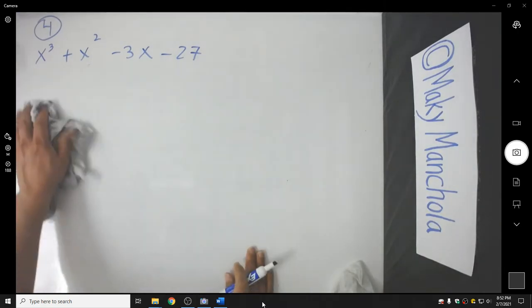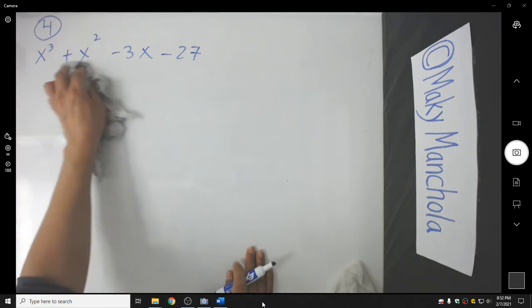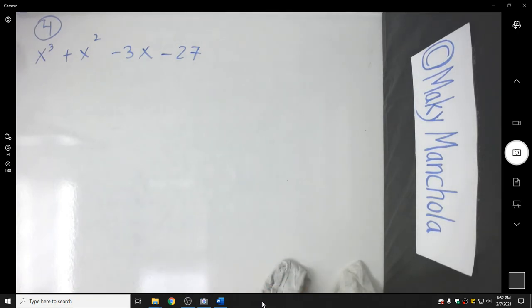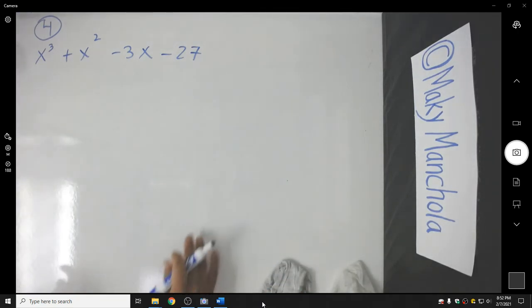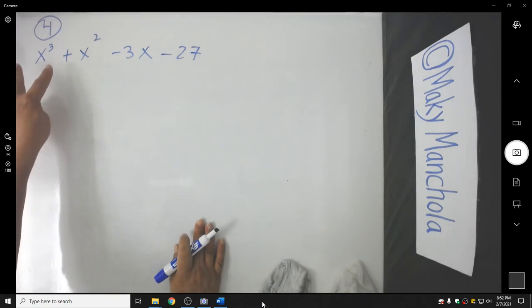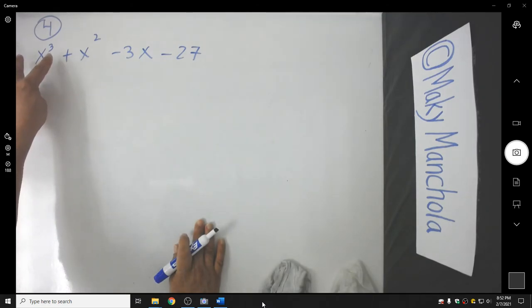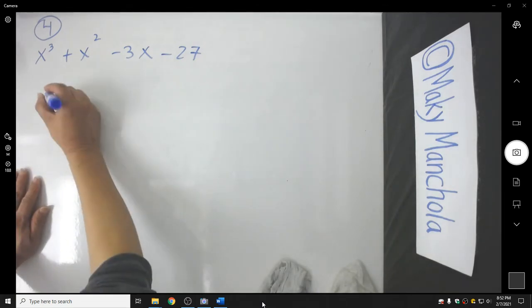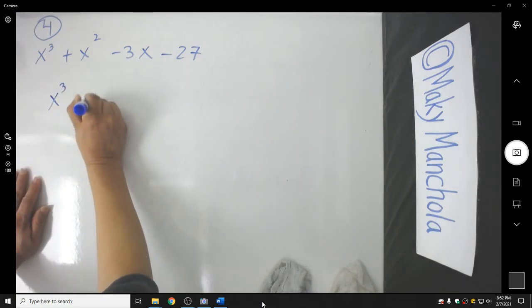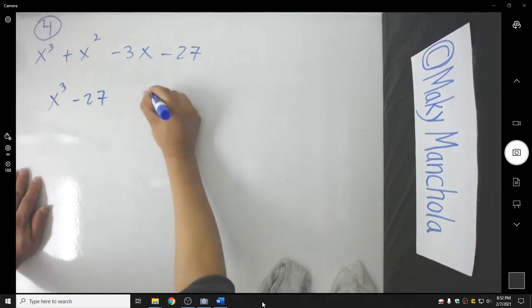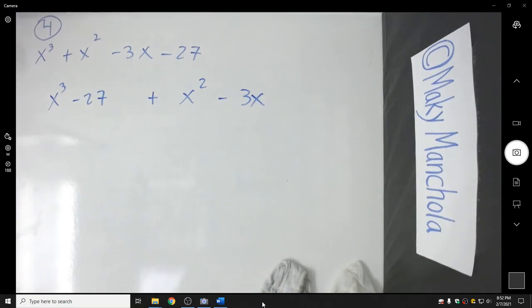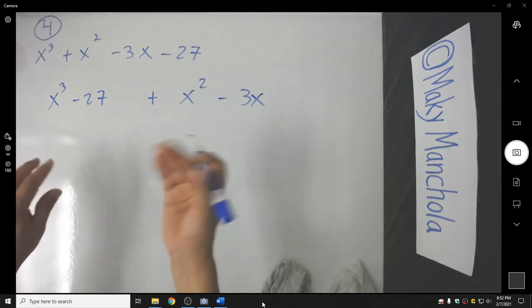Now when you rearrange terms, you're looking for two groups where factorization of each group is possible. Right now I think that I can factor the x cubed minus the 27. The question is, will we get common factors?